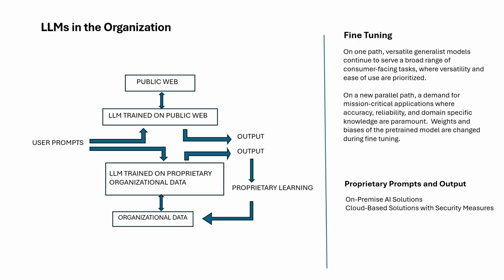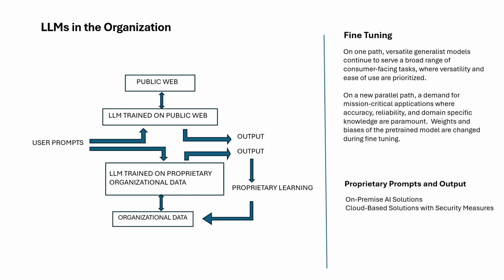But on a parallel path, there's a demand for mission critical applications where accuracy, reliability, and domain specific knowledge are paramount, and the weights and biases of the pre-trained model are going to be changed with this additional fine tuning to fit a specific domain, whether it's oncology or certain aspects of literature or your company's database of plans and tasks. That's going to change the weights of the particular model that we're talking about.